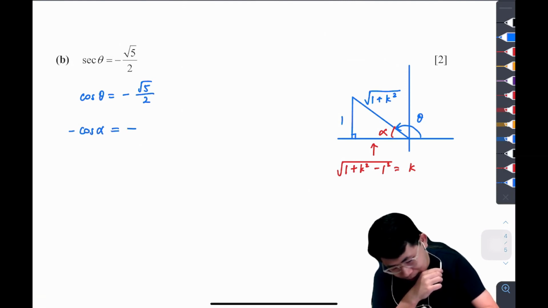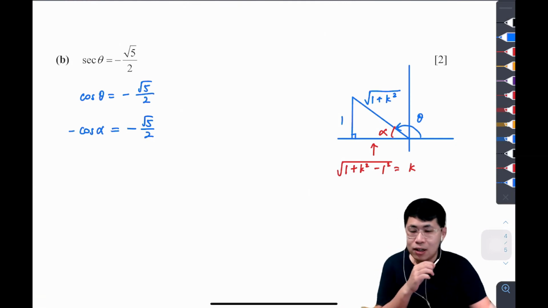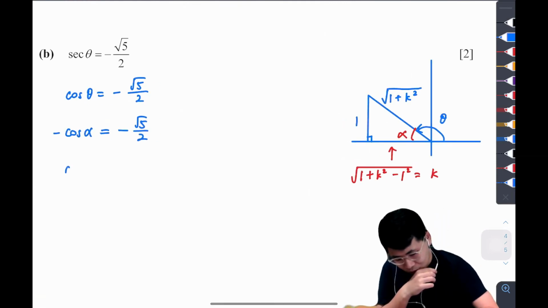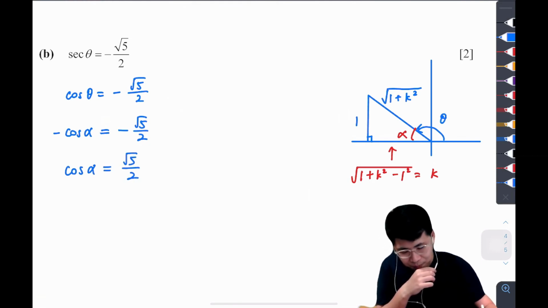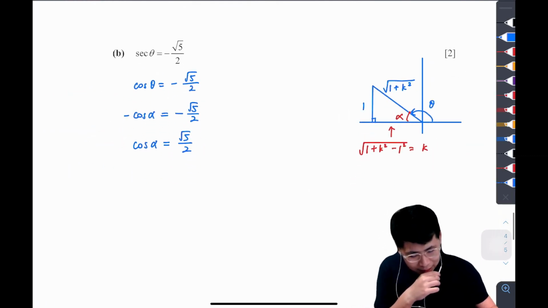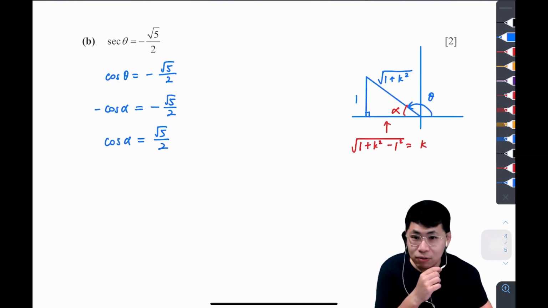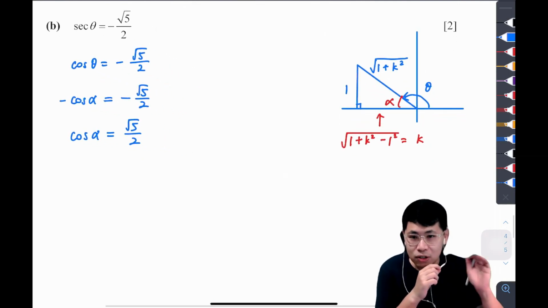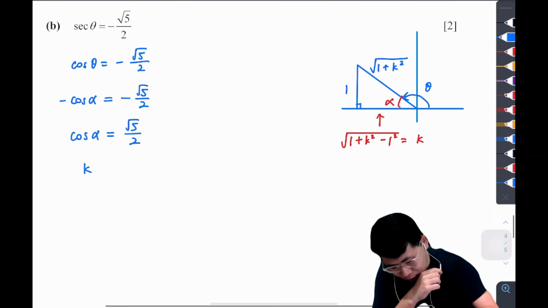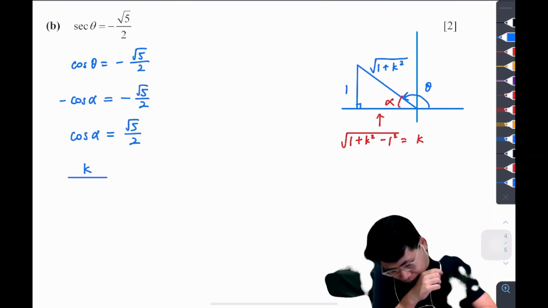So this would be negative root 5 over 2. Let's make it positive, so cosine alpha is equal to root 5 over 2. Then what is cosine alpha? Because I'm looking for the value of k, cosine alpha is adjacent over hypo.